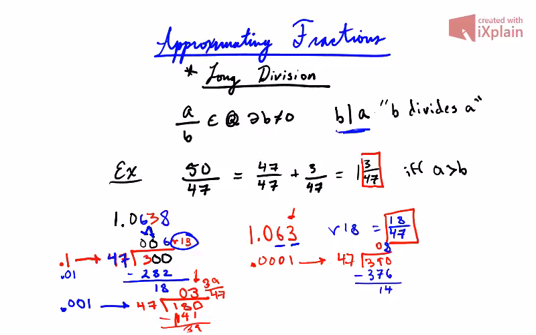And if you really put this in your calculator and you did, hey, 50 divided by 47 is 1.0638297787.